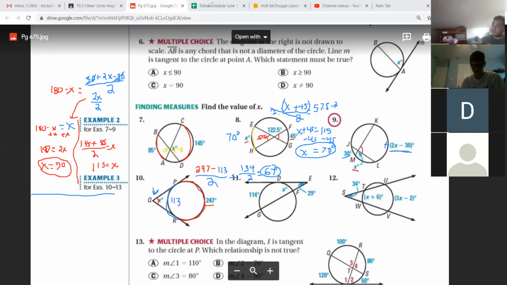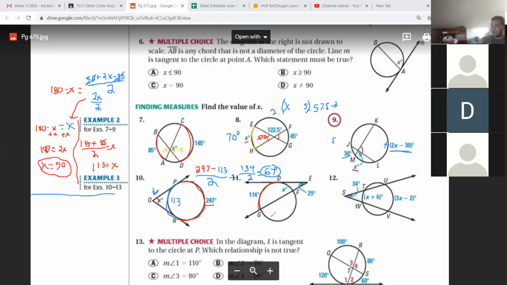Okay. Let's take the next one. So the next one, we have this larger arc right here. And when I say the larger arc, I don't really care for everything. I just care for what's trapped inside the angle. So when I say the larger arc, I want the arc from D to G here.